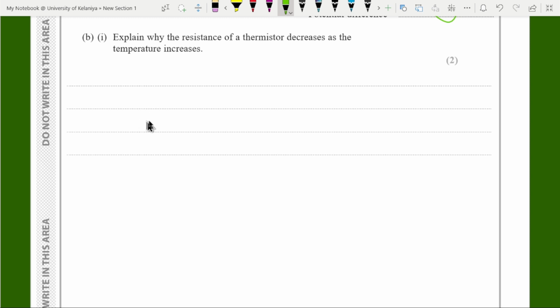So you have to mention that number of conduction electrons per unit volume increases, right? And so current increases.